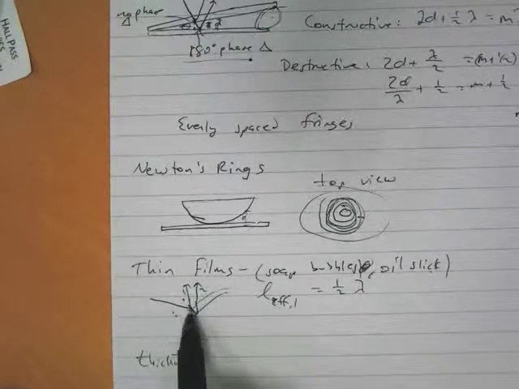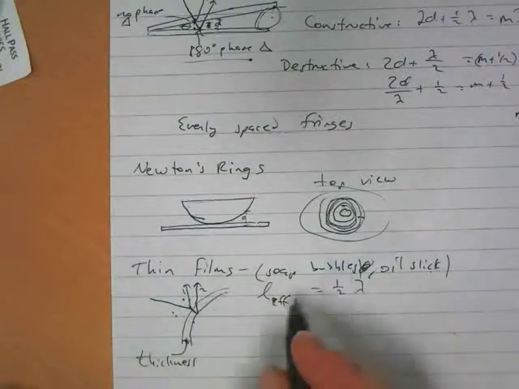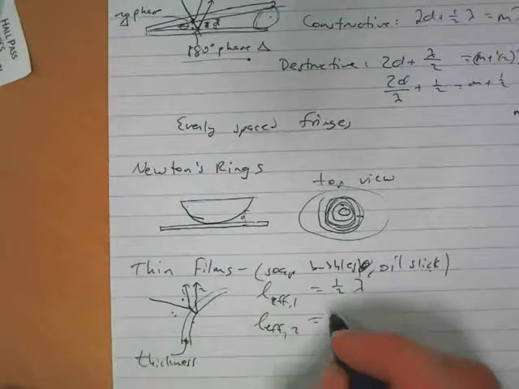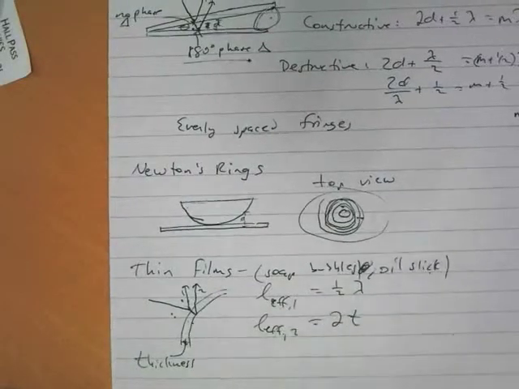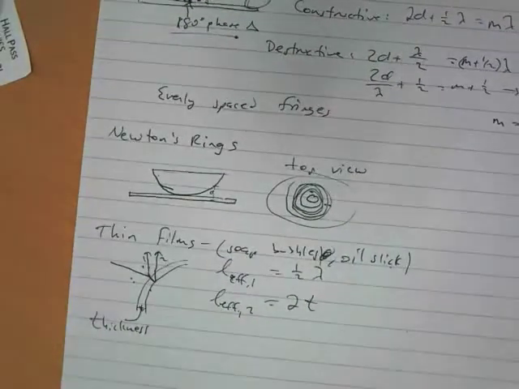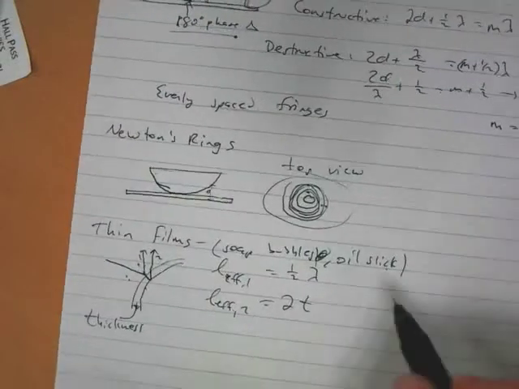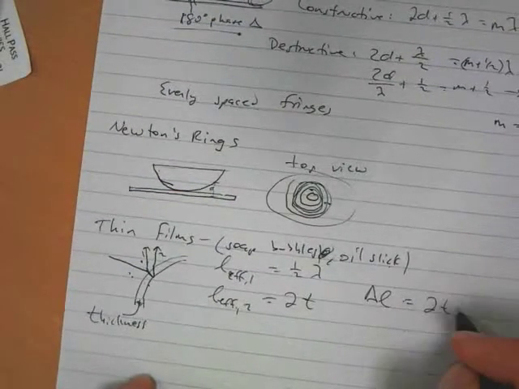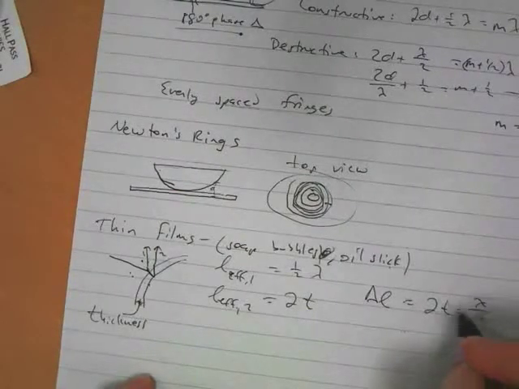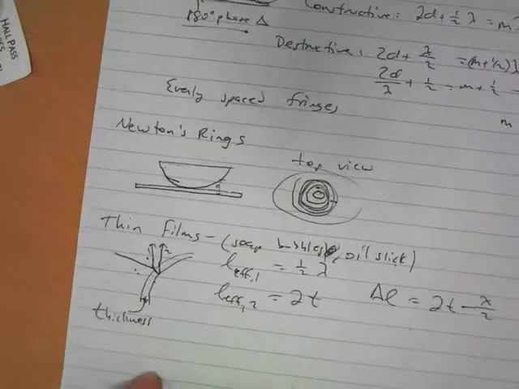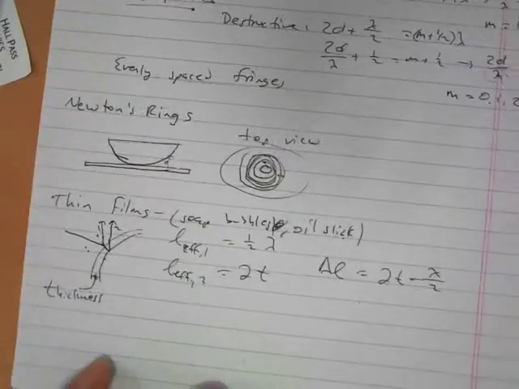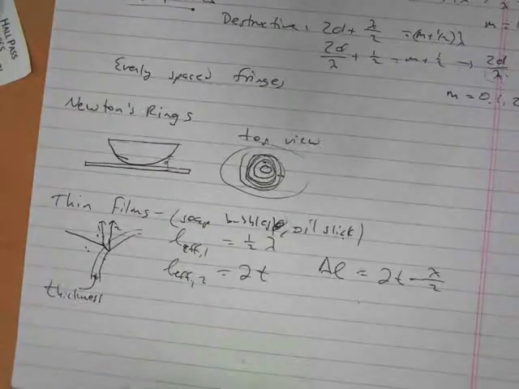For 2, it just goes boom, boom, and so the effective path length for 2 is just that it traverses the thickness of the bubble twice. So that's the effective path length for 2, so then our path length difference is 2t minus lambda over 2. Alright, so from there, we can write out our conditions for constructive and destructive interference.